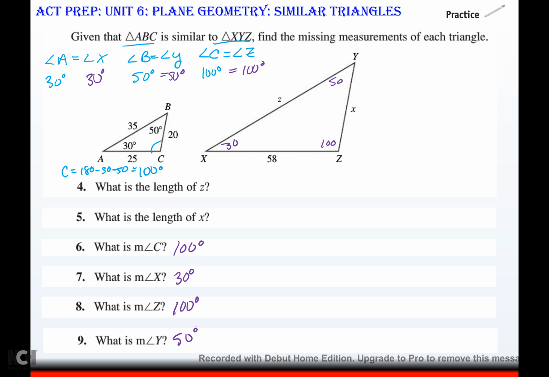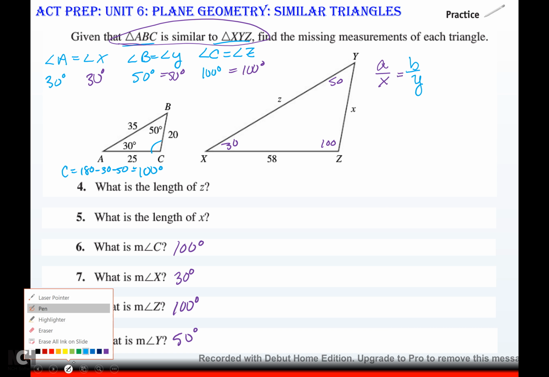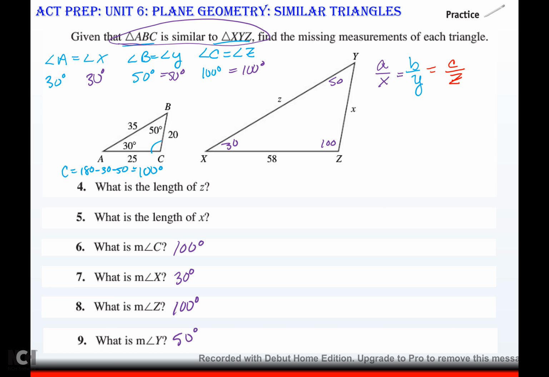All right, so now they want the other two sides, they want z and x. Well, from this information, I can also say that little a corresponds to little x, little b corresponds to little y, and, sorry, I'm changing colors here, little c corresponds to little z.